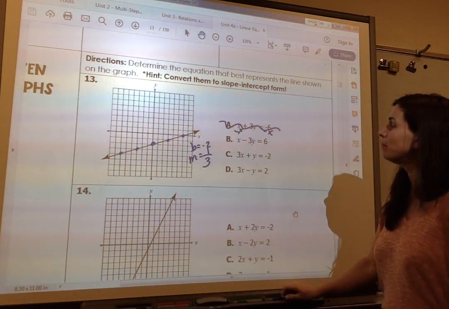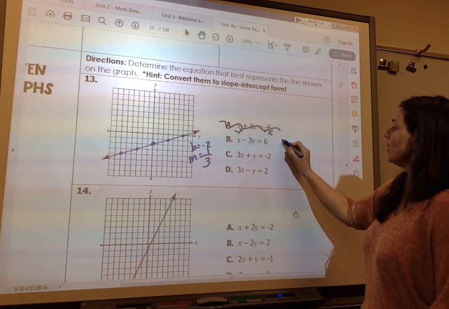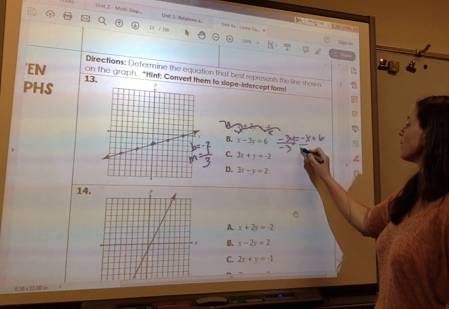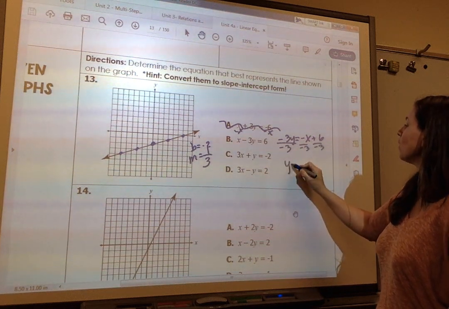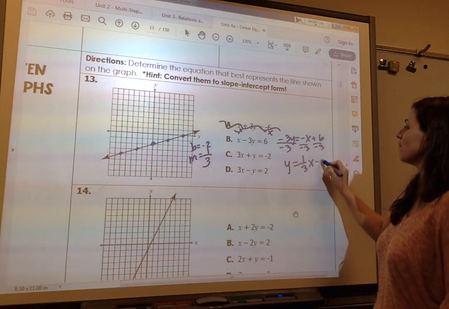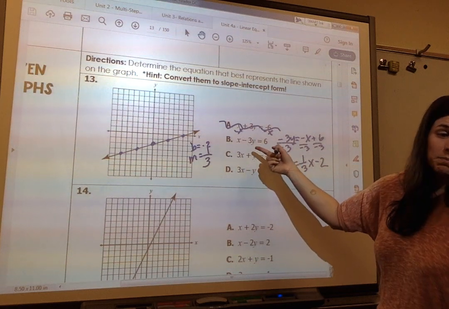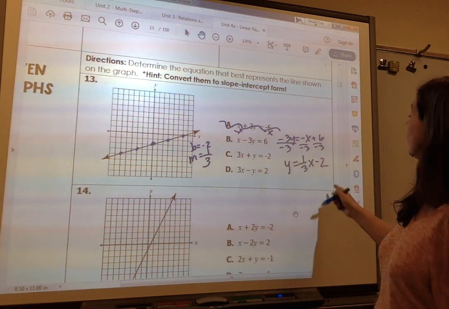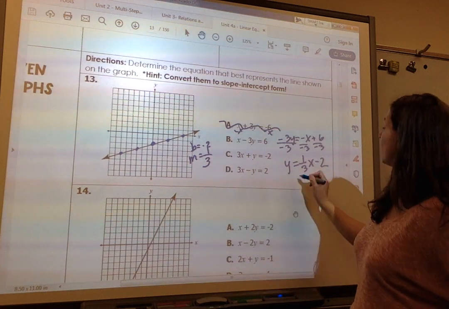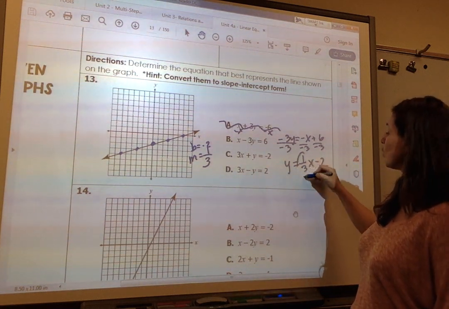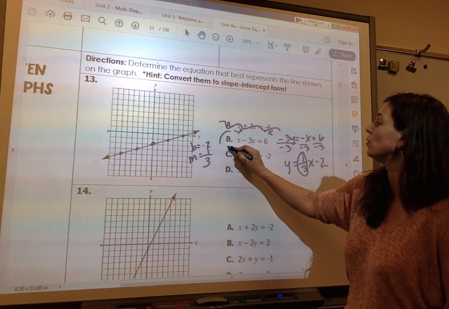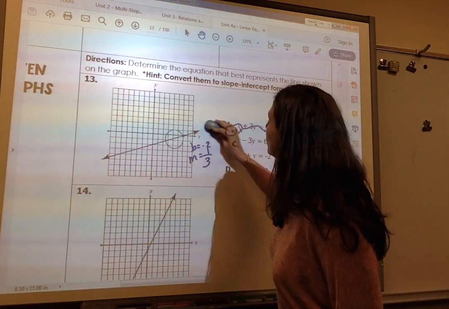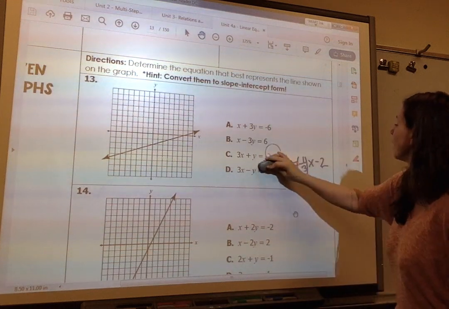Then I'm going to go to B. I get -3y equals -x plus 6, divide everything by -3, and I get y equals 1/3 x minus 2. So is B the right answer? Well, yeah, because my slope is 1/3, my beginning point's -2, so B is my correct answer. So when you convert them, then you can find your answer.